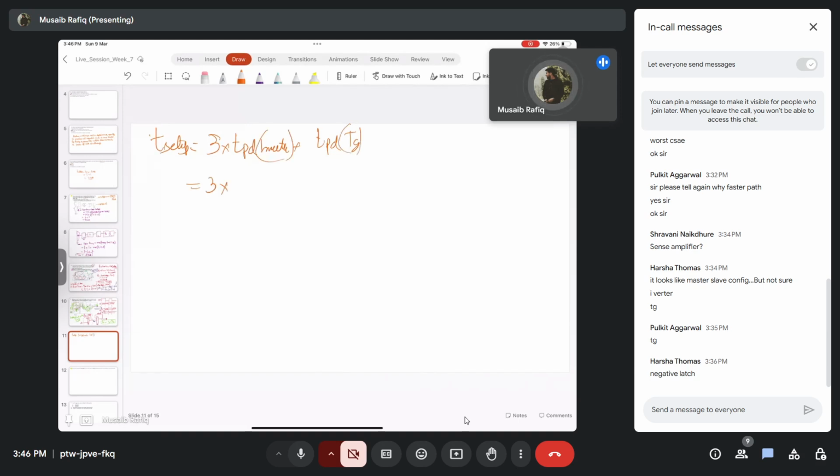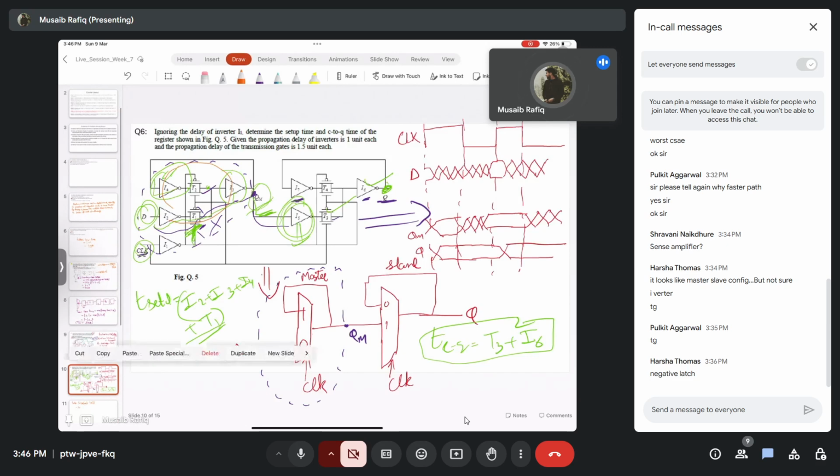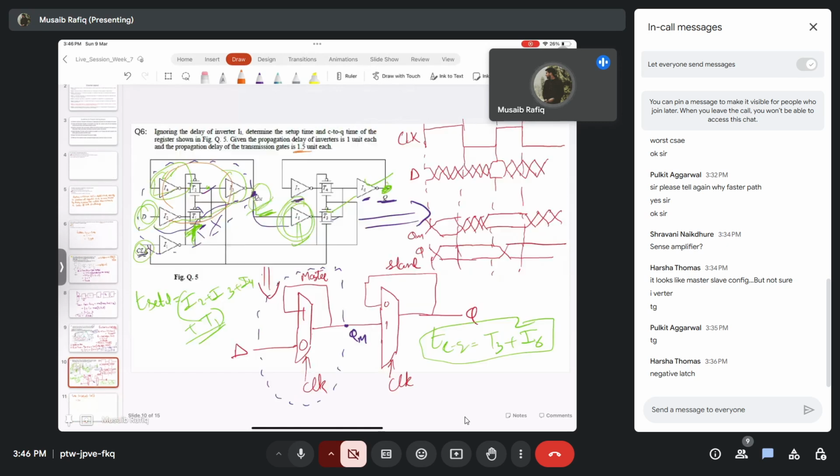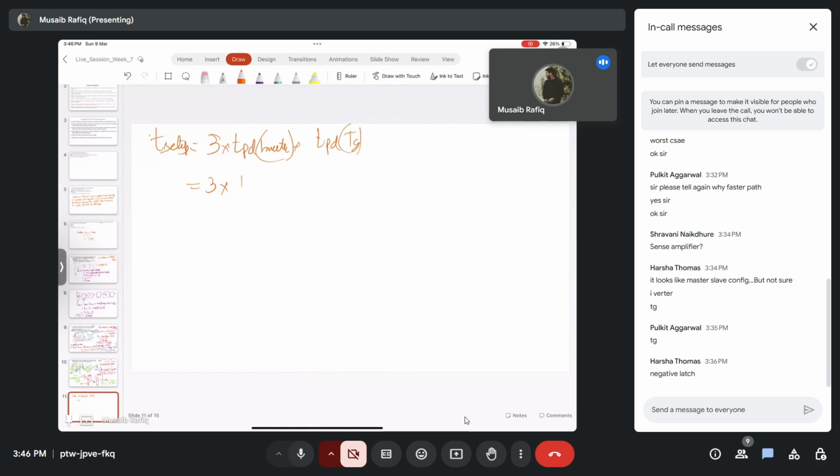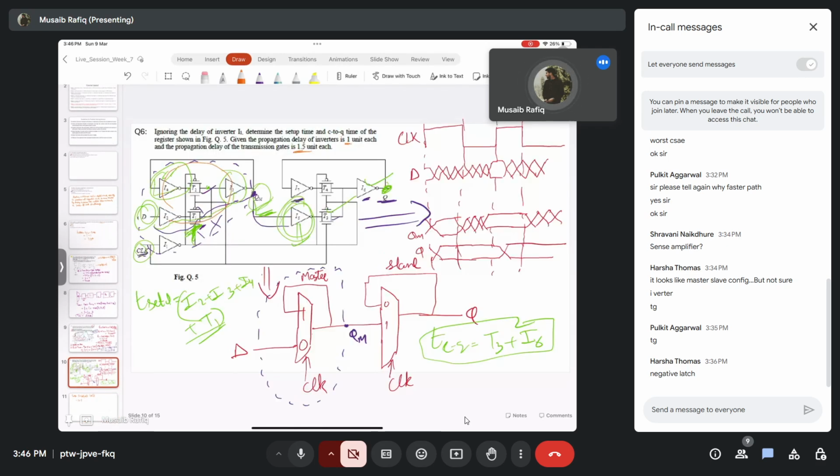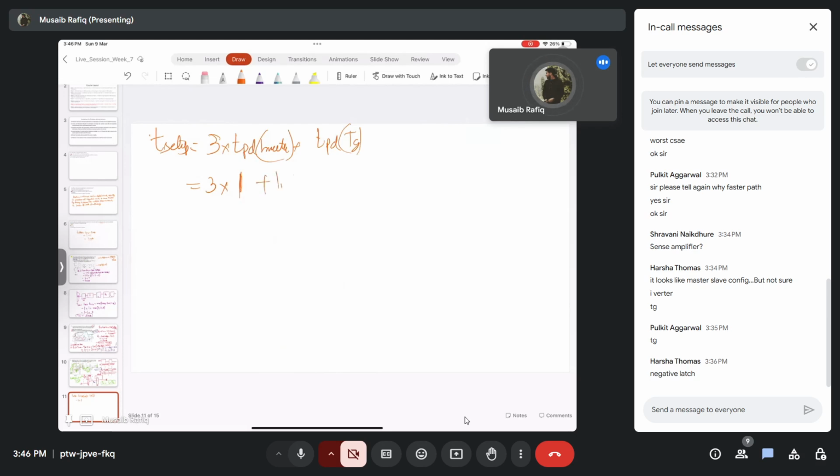How much is TPD of inverter in our question? It's 1. And the transmission gate is 1.5. So it will be 3 plus 1.5, which is 4.5.